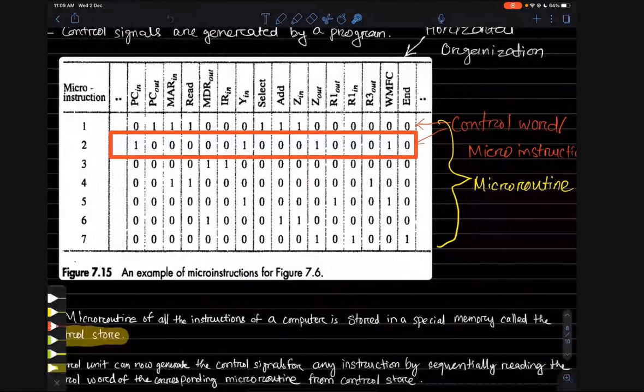And what is a micro routine? A micro routine consists of micro instructions. And what are the micro instructions? These values are nothing but the micro instructions, the control word. Got the naming conventions, or any doubt in this? Let me know.